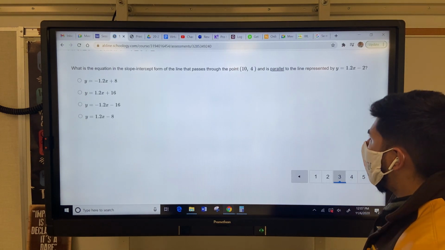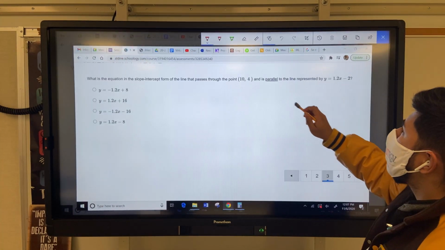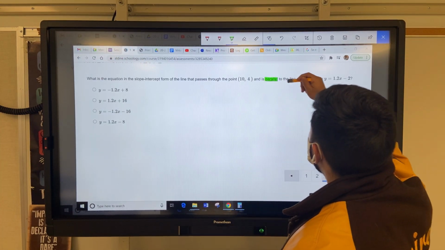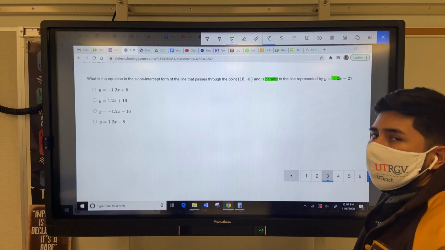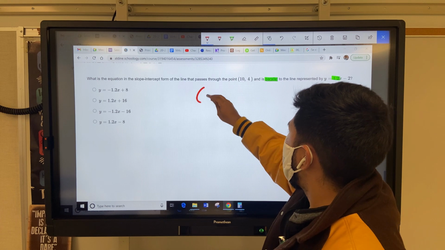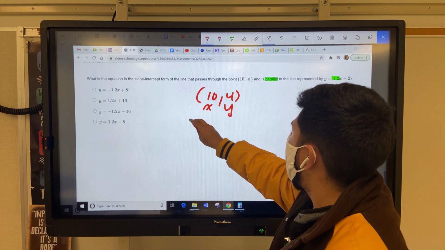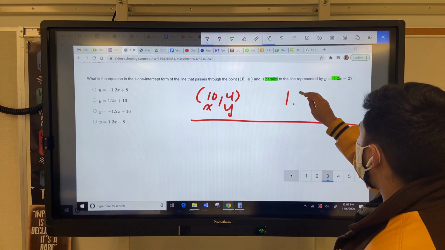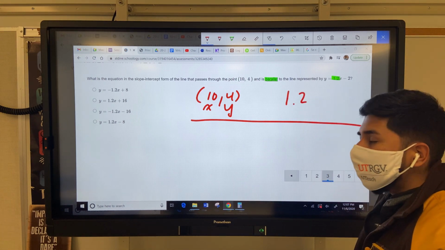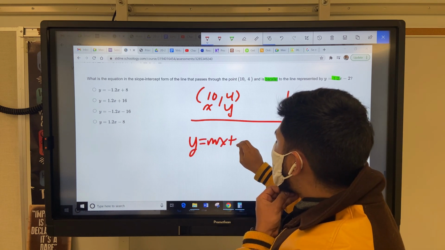Next one is parallel. For parallel, you need to decide if you're going to do something to the slope. Determine what you're doing to the slope. Again, look back at those folders I just said. Label your points 10, 4, x, y. Tell me if that 1.2 stays the same or it changes. And do the same thing: y equals mx plus b.